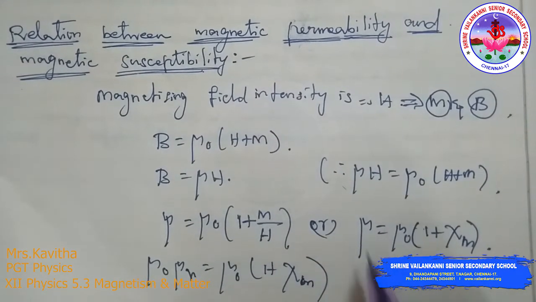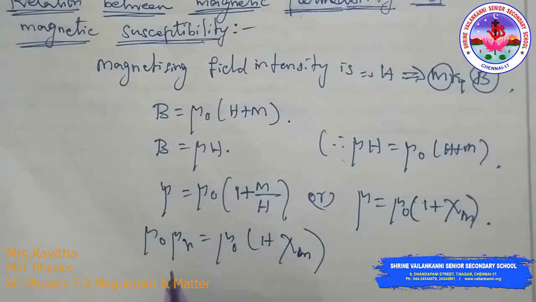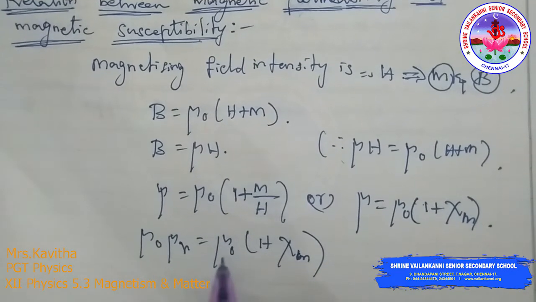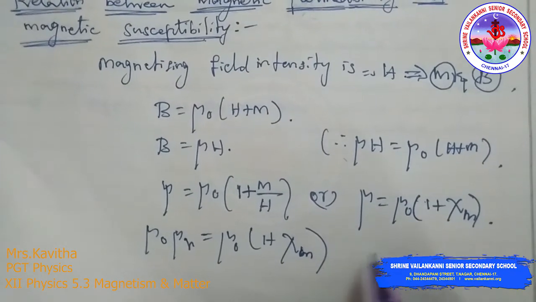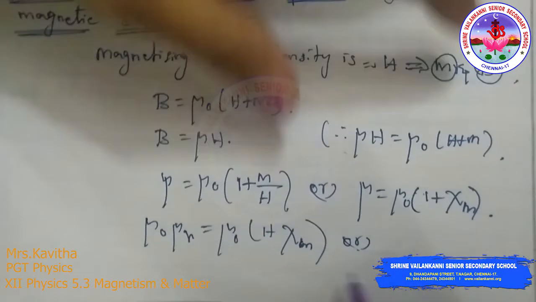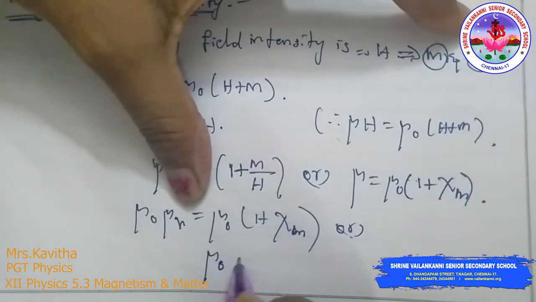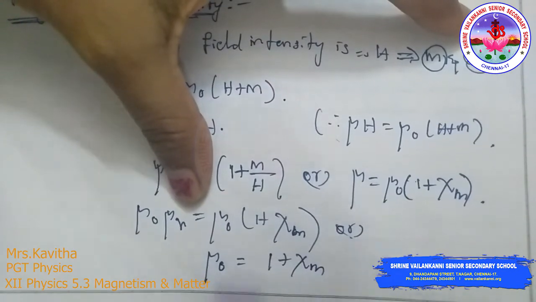Why? We can take that mu r is equal to mu by mu naught. So mu naught into mu r is equal to mu. Is it right? Yes. Or we can write mu r equal to 1 plus chi m.